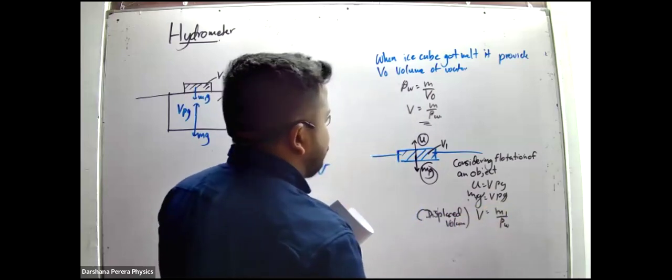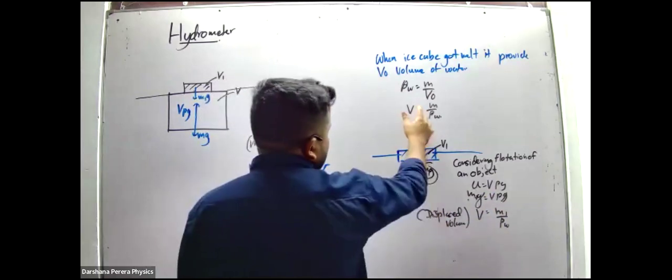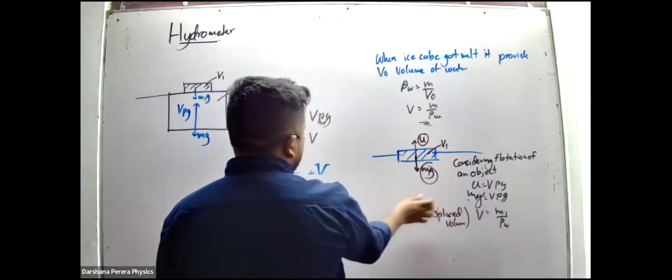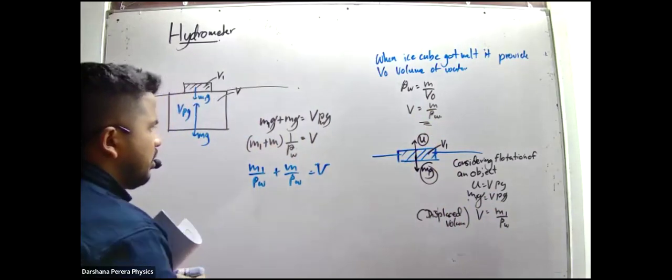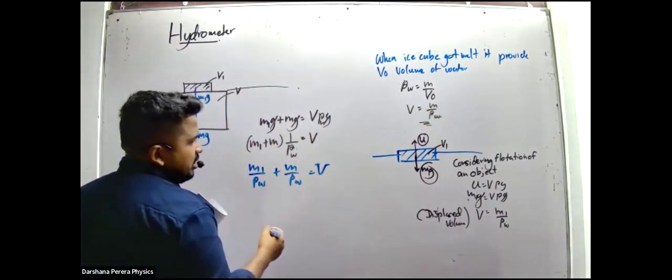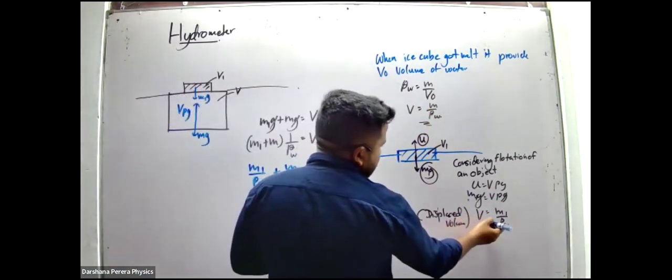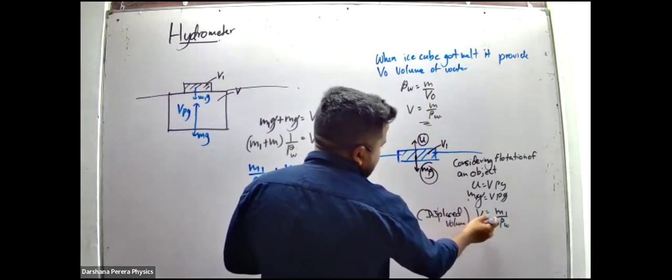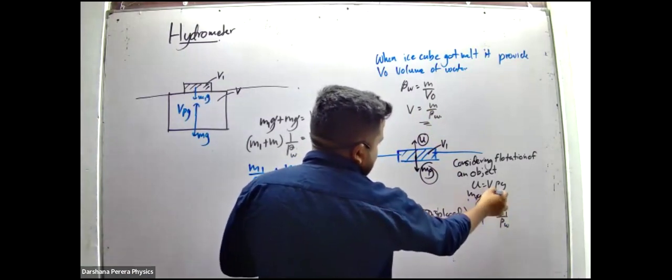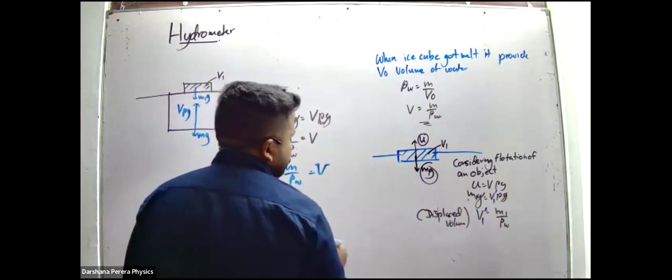Right? Displaced volume plus the melted volume equals this one, right? Therefore, it also equals this one, right?